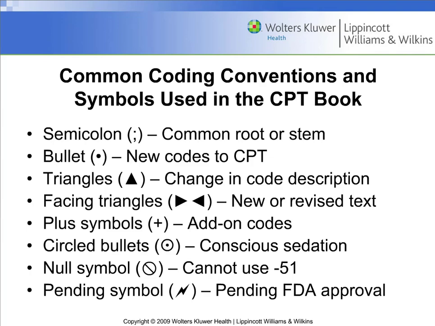I often get asked, why don't I code both 36511 and 36512? And again, the intent of that semicolon is simply that the whole description of 36512 is therapeutic apheresis for red blood cells, but they didn't write it out, to save time and space.